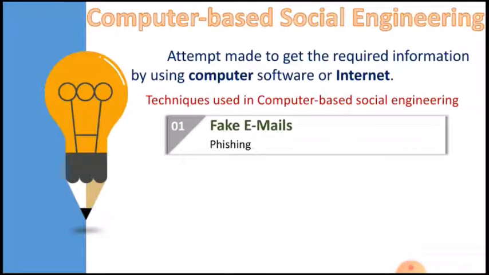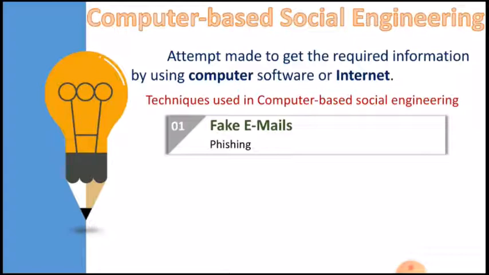The first one is fake emails. The attacker sends fake emails to a number of users in such a way that the user finds it to be a legal email. This activity is also called phishing.